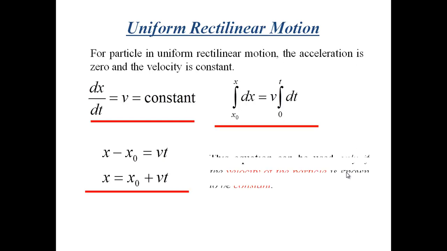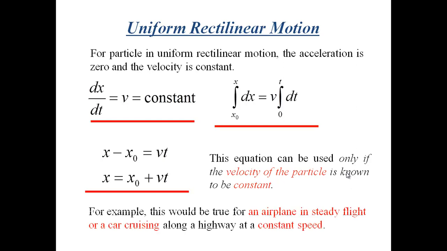We can use this equation only if the velocity of the particle is known to be constant. Examples of these cases are an aeroplane in steady flight or a car cruising along a highway at a constant speed.